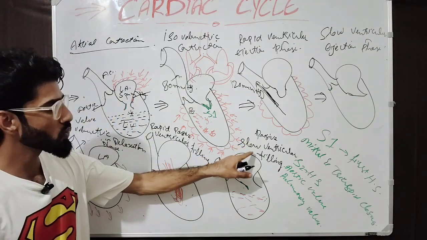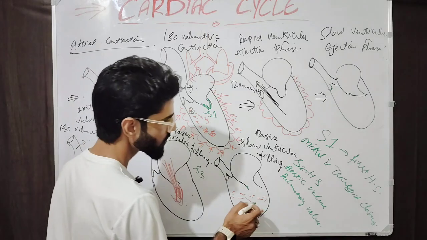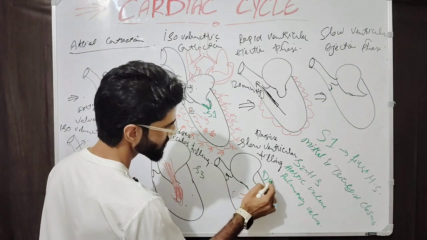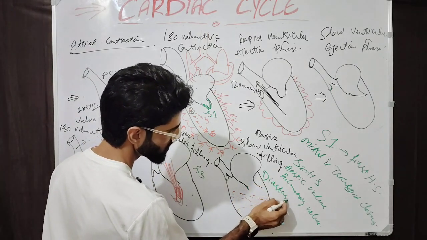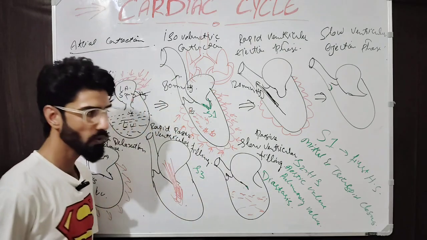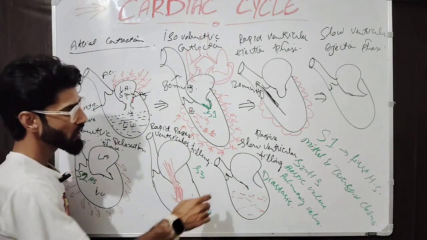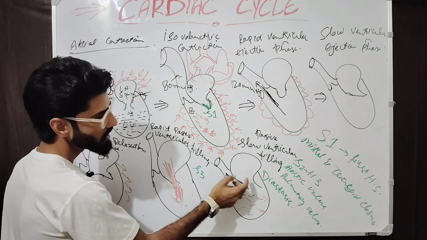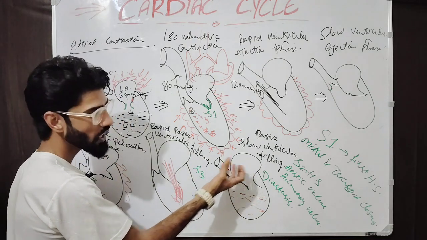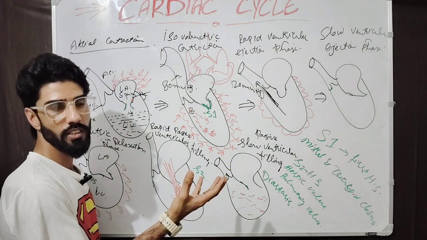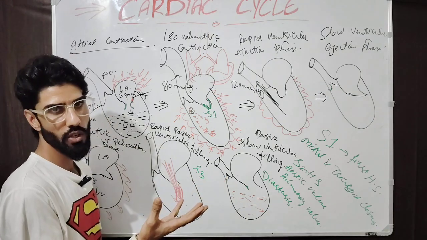But I forgot, this slow passive ventricular filling phase is also called diastasis. Why? Because at this time the atrium is not behaving as a reservoir.